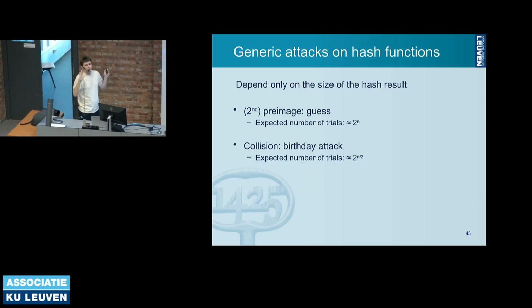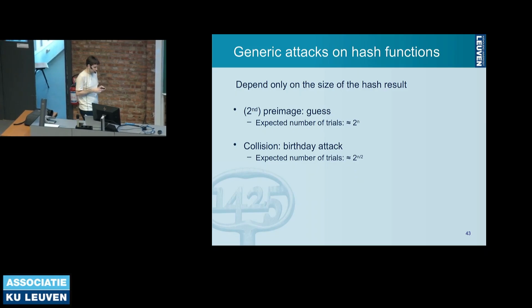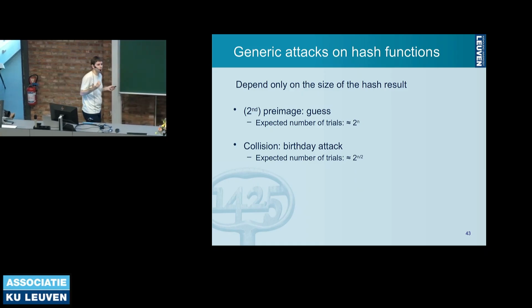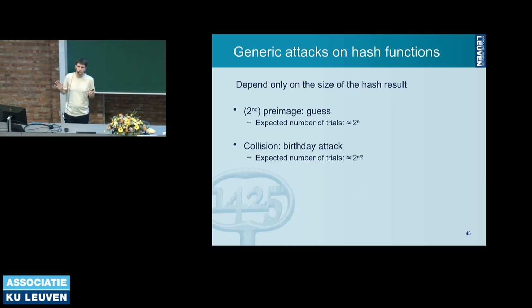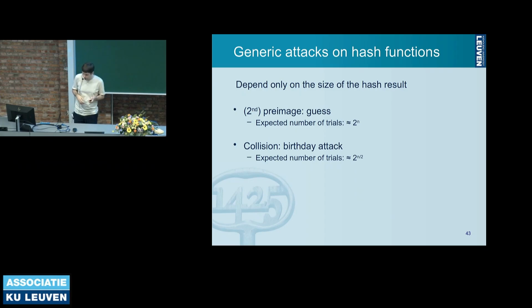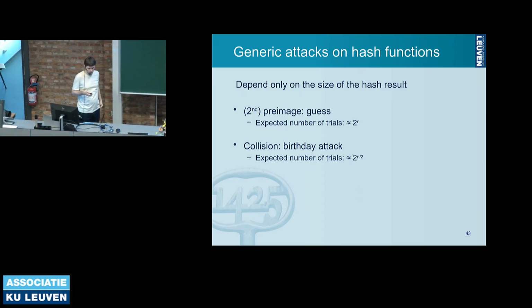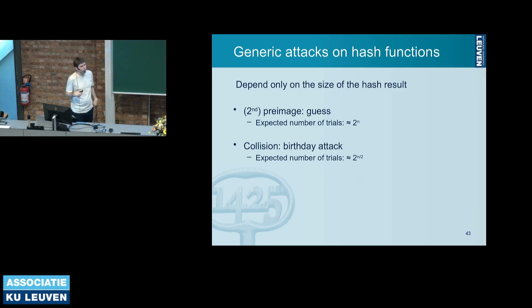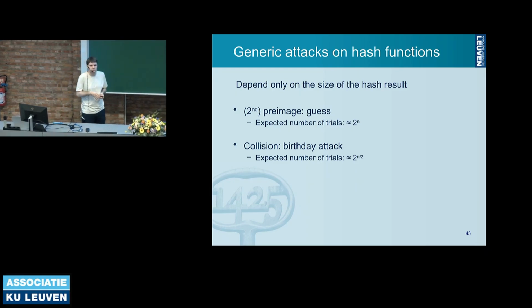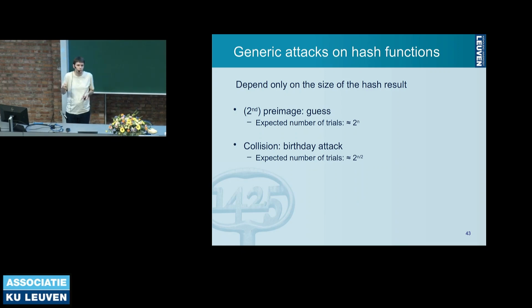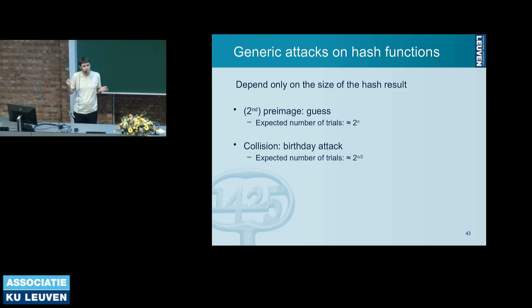Before we go into how you actually concretely build a hash function, you can look at how difficult these problems actually are if I don't know any details of the hash function. For the case of second preimage and preimage, the simple thing that you can always do, regardless of what the function is, is exhaustively try many possible messages until you happen to have an output that matches the digest that you want.